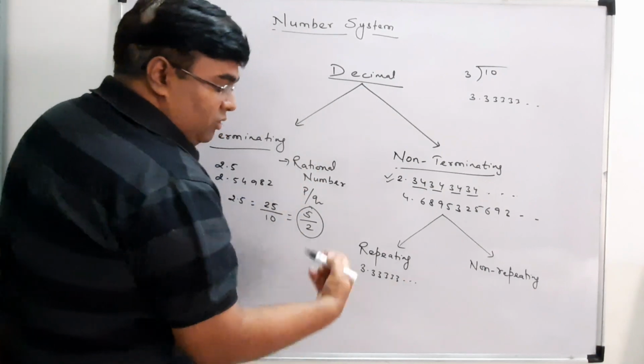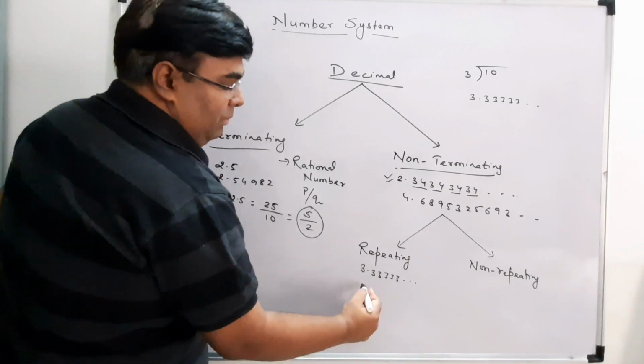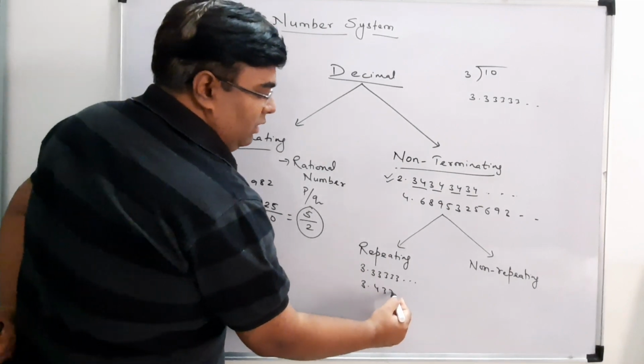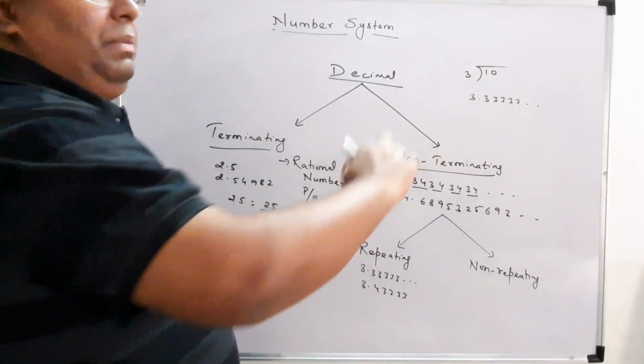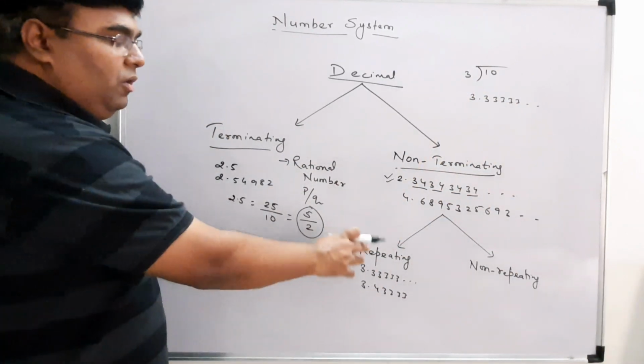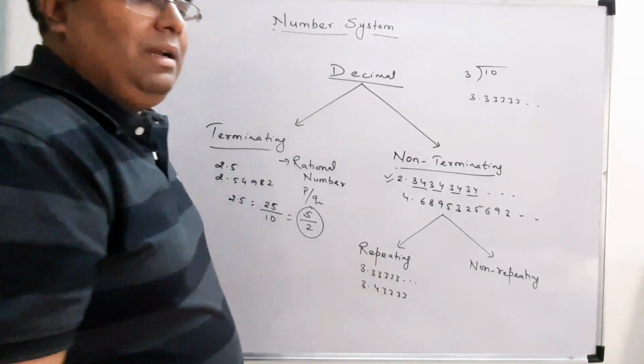Okay, it is also not necessary that the repetition will come only right after the decimal. It can be like 3.433333. So one number is there, 4, and then repetition starts. So it can be of different forms also, but this is a repeating decimal.